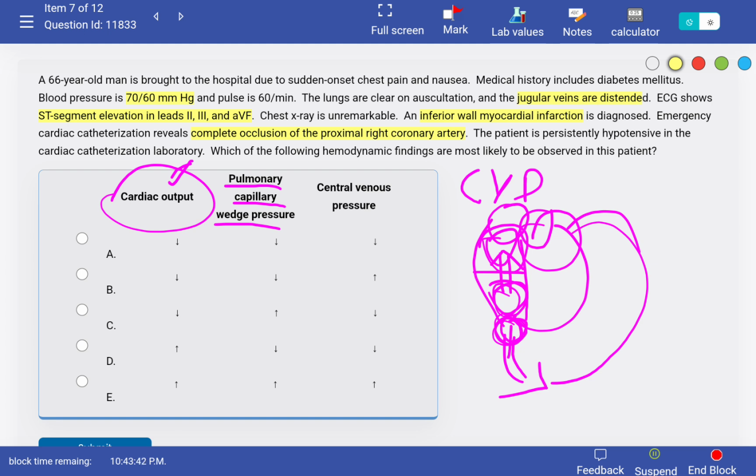So this means that central venous pressure would be increased. So we are finding an option where cardiac output is decreased, pulmonary capillary wedge pressure is decreased, and central venous pressure is increased, right? So this is the correct option for this question, right?